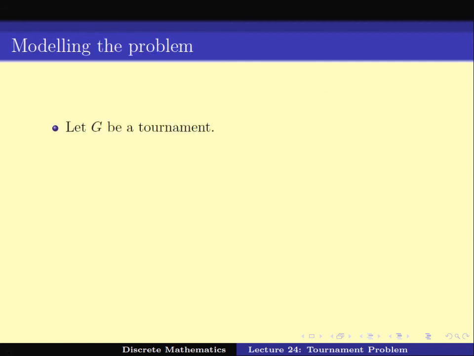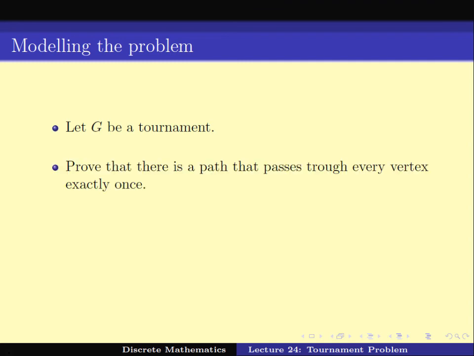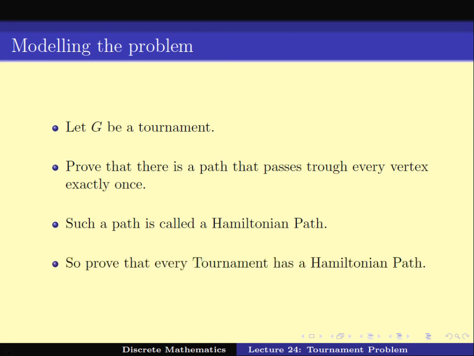But the problem states that if G is a tournament, that means between any pair of vertices there is an edge going from U to V or V to U, prove that there is a Hamiltonian path. So you have to prove that a tournament has a Hamiltonian path. This is the formulation of the problem in terms of graph theory.